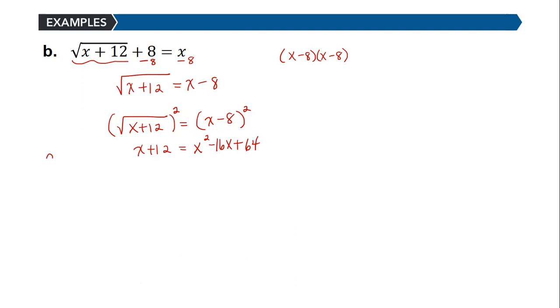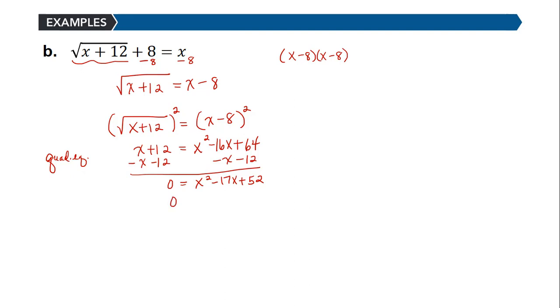So this is a quadratic equation that I need to solve by factoring. I need to set one side to 0 by subtracting x and subtracting 12 from each side. This gives us the equation 0 is equal to x squared minus 17x plus 52.